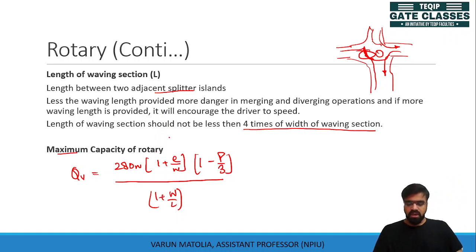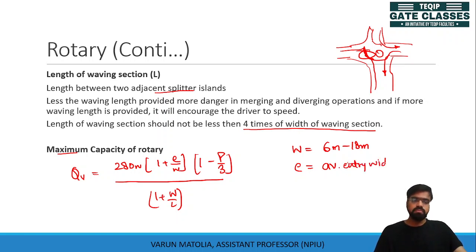Here your width W is around 6 meters to 18 meters. Your E value is the average entry width in meters.